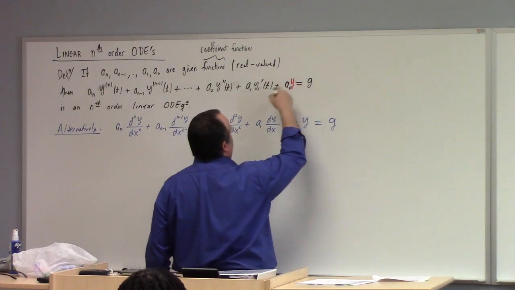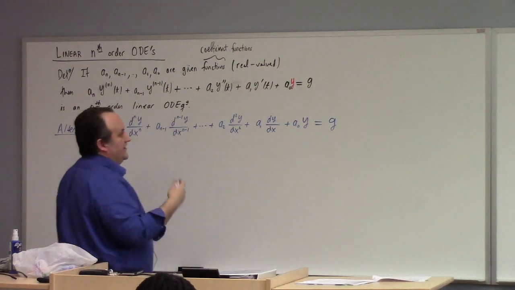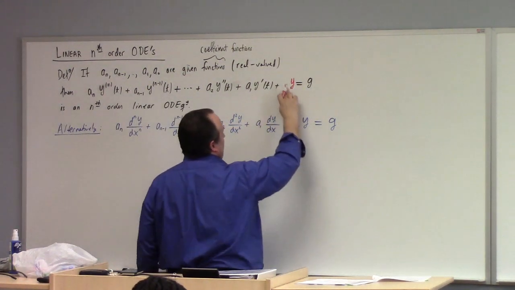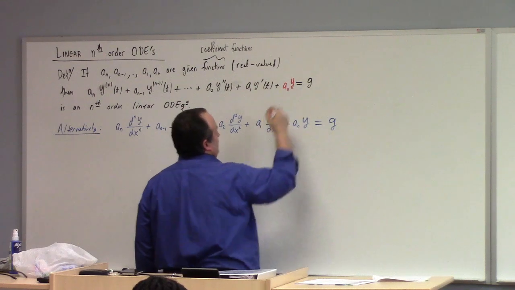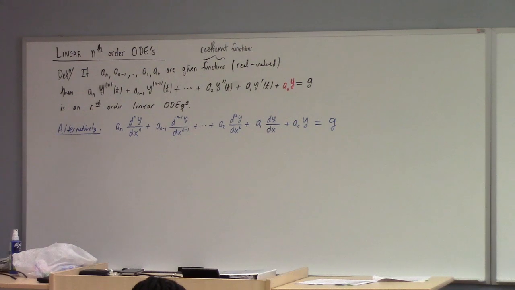And I seem to have numbered this y, which is bogus. That's just a y. I don't know why I'm putting a 1 there. Dummy. Me, not you. So this is supposed to be a, not y. All right. This is linear. The reason it's linear is both y and its higher derivatives all just appear in a linear fashion, right? There's no square of y. There's no square of y prime, anything like that.